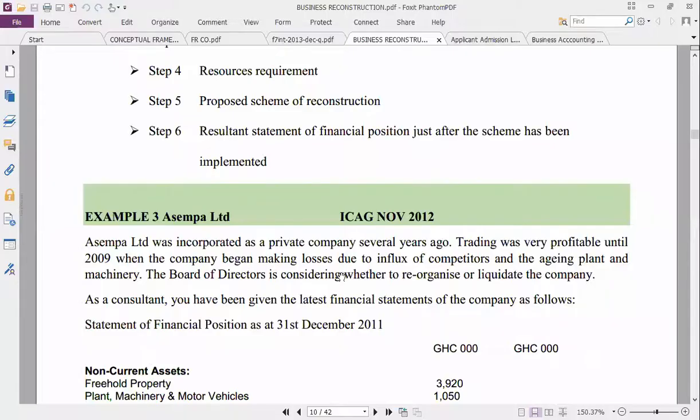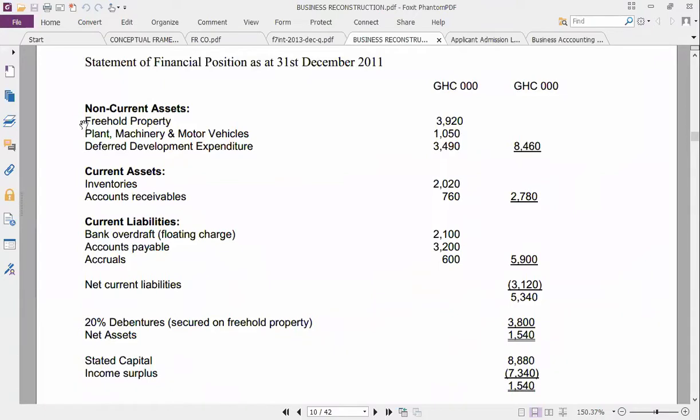So you have to go to their financial position. When they move, you move. When they stop, you stop. Then we are done. So you start your financial position like this. First, freehold property: pick the going concern values.